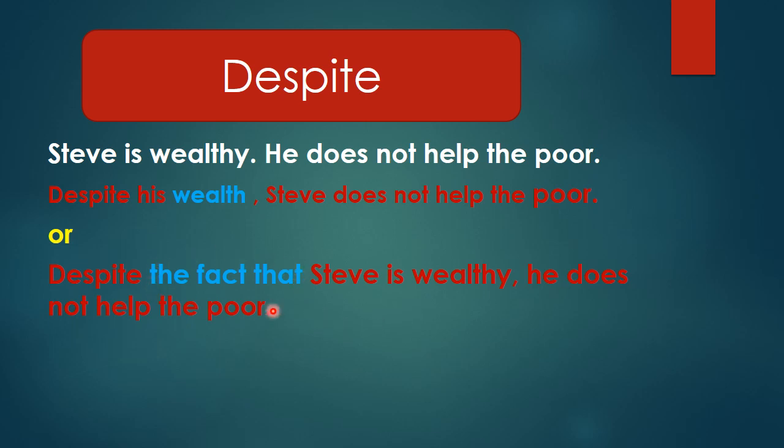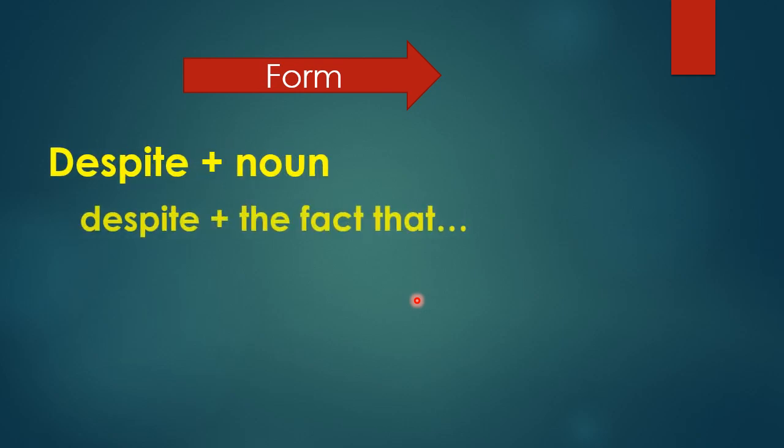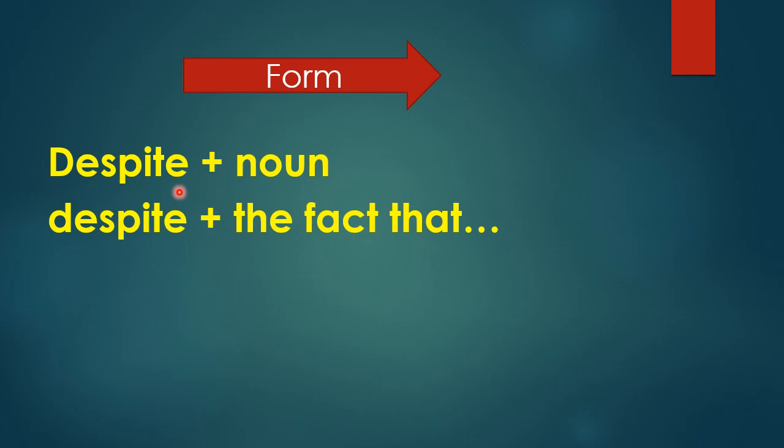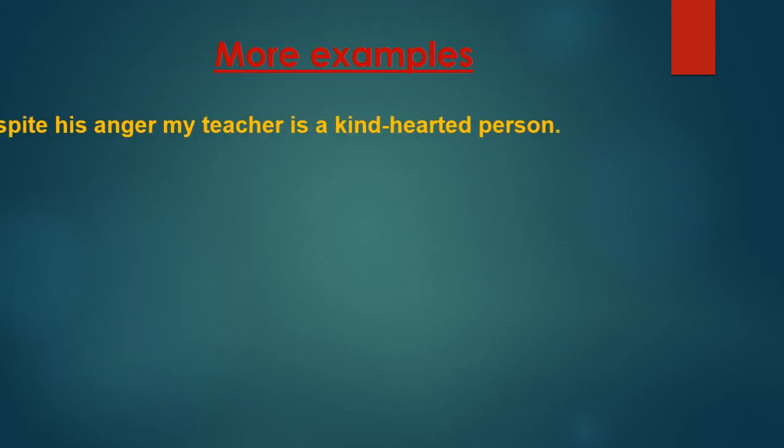So as you can see, the fact plus subject plus verb plus object, that is SVO structure. Now the form, as I have said, is despite plus noun or despite plus the fact that.